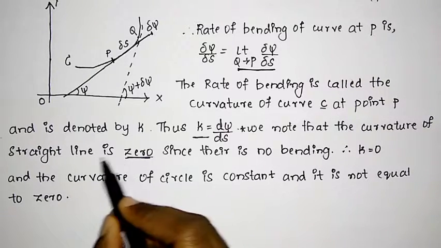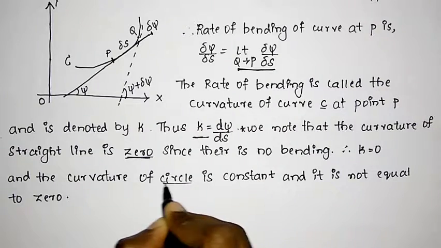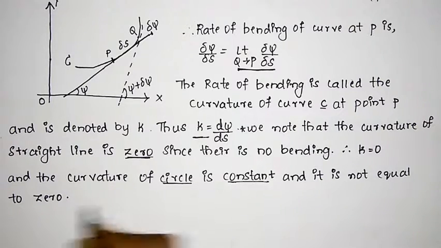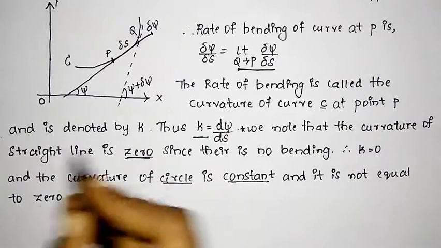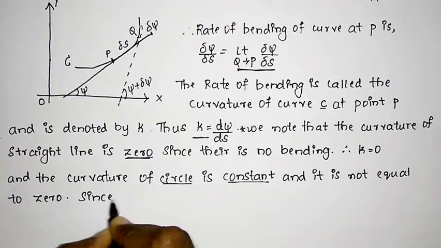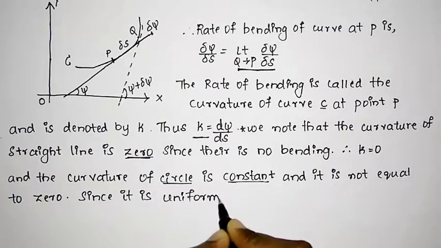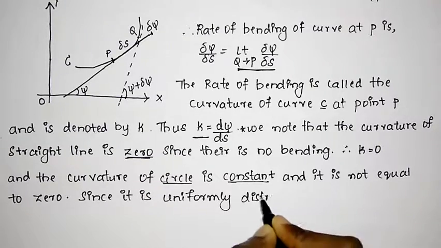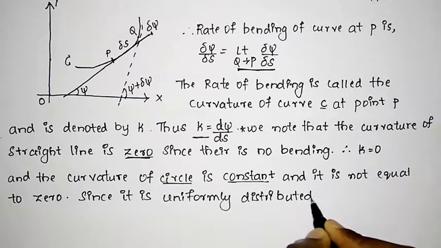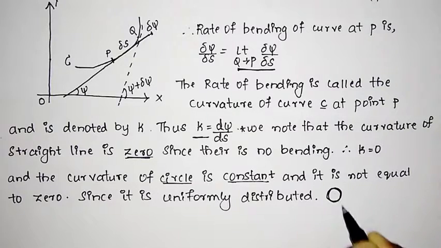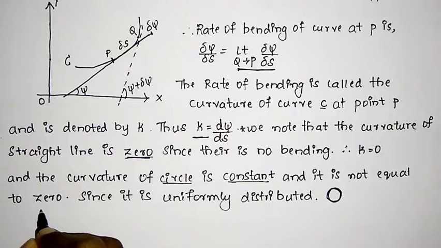That is, the curvature of a straight line is 0, but the curvature of a circle is constant and it is not 0, because the circle is uniformly distributed. Hence the curvature cannot be 0, it is always constant. That is, k is not equal to 0. For a straight line, k is equal to 0, but for a circle, k is not equal to 0.